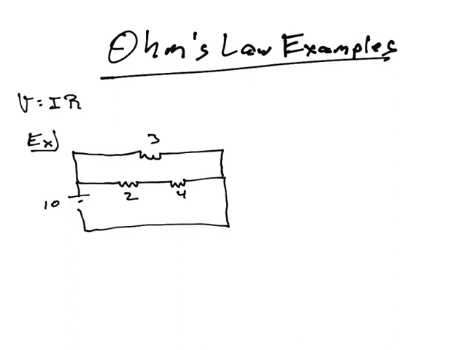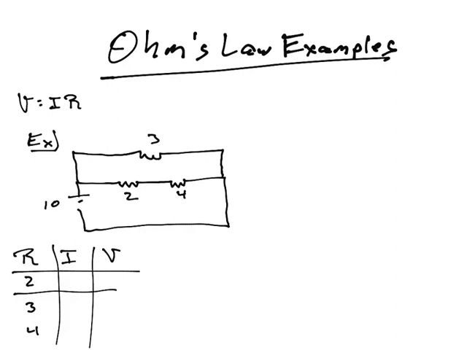So there's our circuit, and what I'd like to do is fill out this particular table of values given the resistors of 2, 3, and 4. I want to calculate the current and the voltage dropped by each. So the question is asking you to fill out this table here.